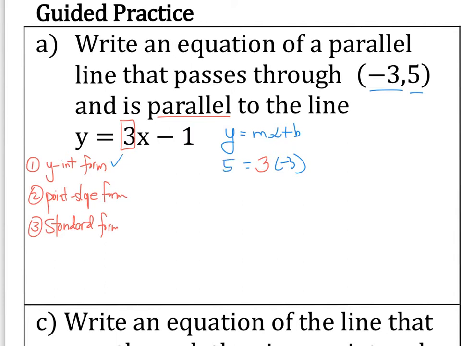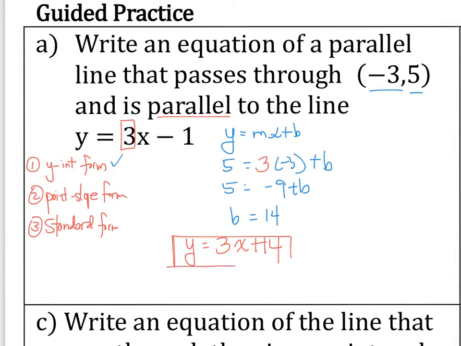And I can solve for the y-intercept. So my y-intercept b would equal 14. Now I can rewrite my equation as y equals the slope of 3x plus 14. And you can leave it in slope-intercept form. It's okay.